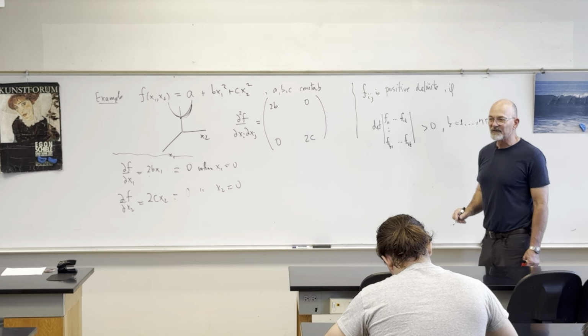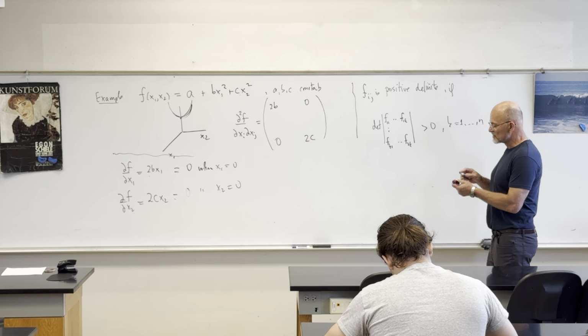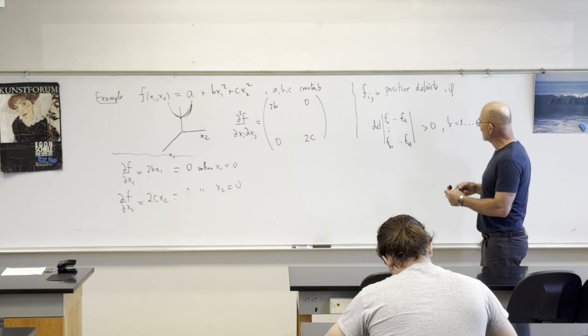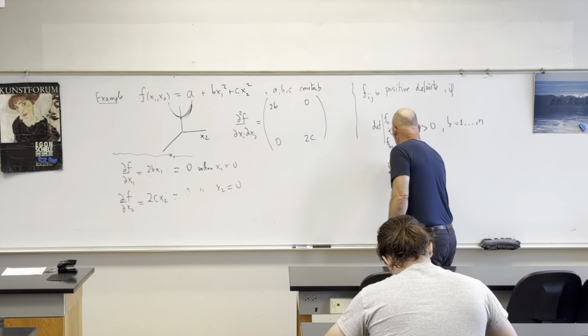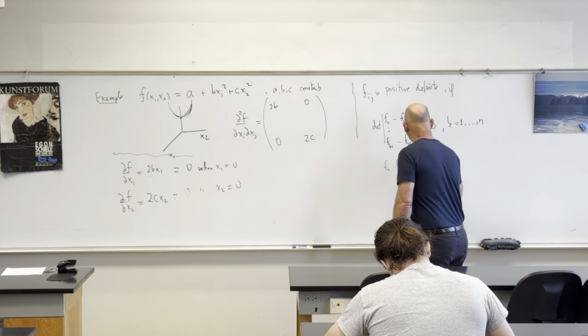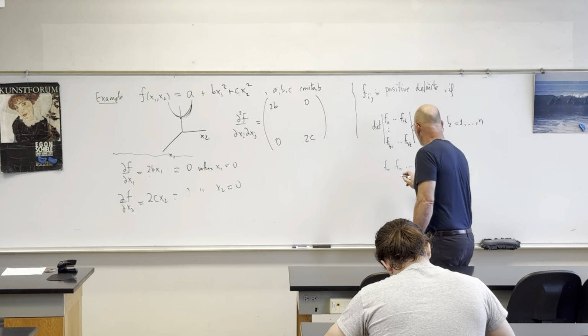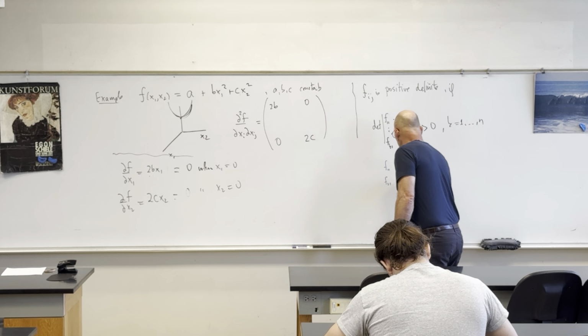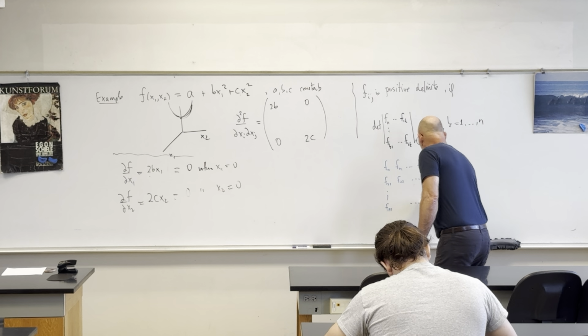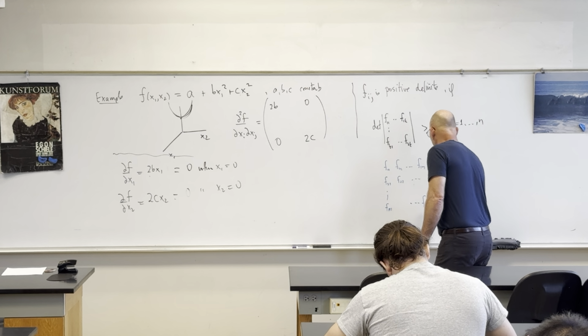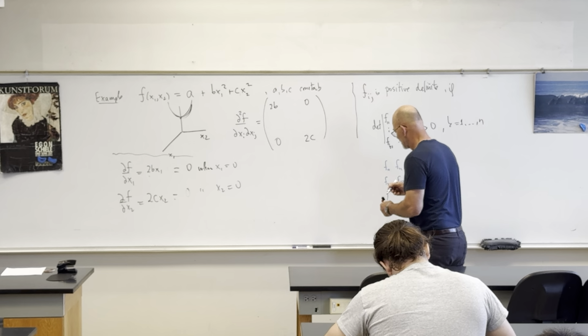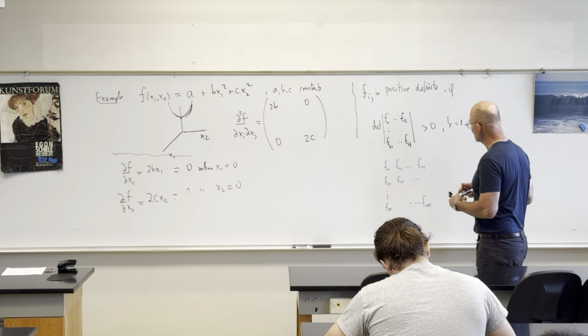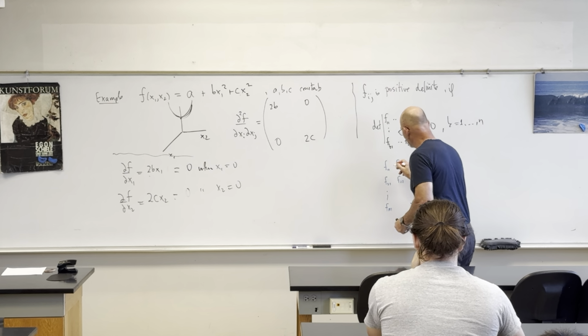What determinants are these, by the way? You can visualize them, they're just the upper left corners. Suppose we have f11, f12, up to f1n, f21, f22, etc., down to fn1, fnn. What we're looking at are these determinants.